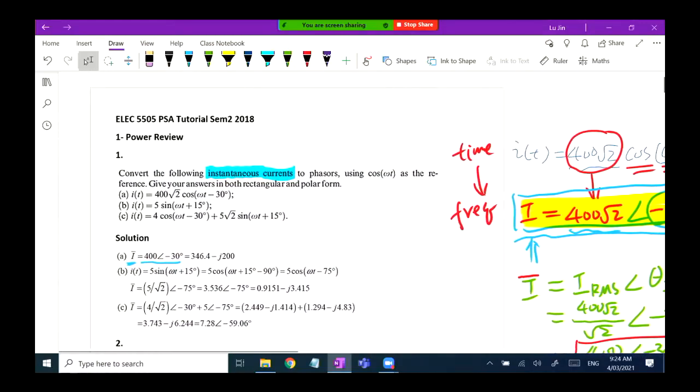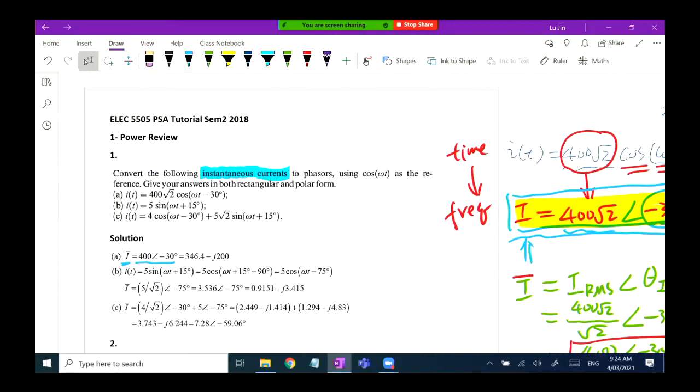I don't want to do it because you have understood how we produce the phasor form and the rectangular form, and part B is very similar to part A, so I skip it. But before that, please notice in part B, the instantaneous current i(t) is a sine function in the time domain. As mentioned, this sine function must be converted to a cosine function. In the solution of part B, you can see i(t) is changed from a sine function to a cosine function.